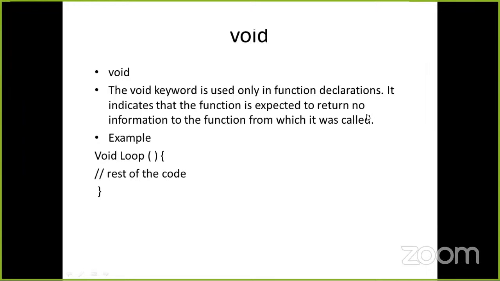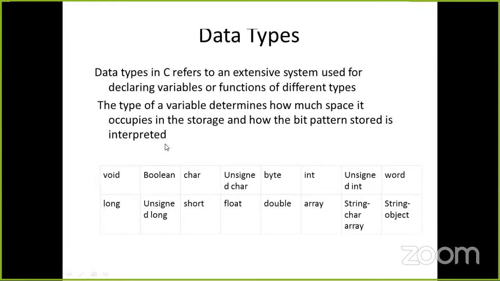Normally a function will return some value, but when we use void with that function, it will not return any value as output. This function is empty, that you can see. That is called a void function. For example, in void loop, nothing is written back in the function.